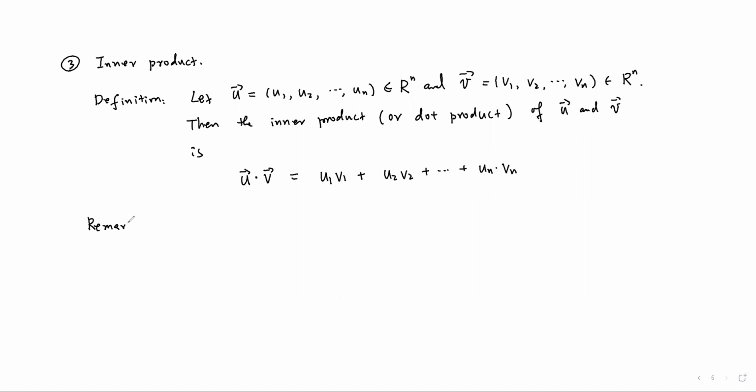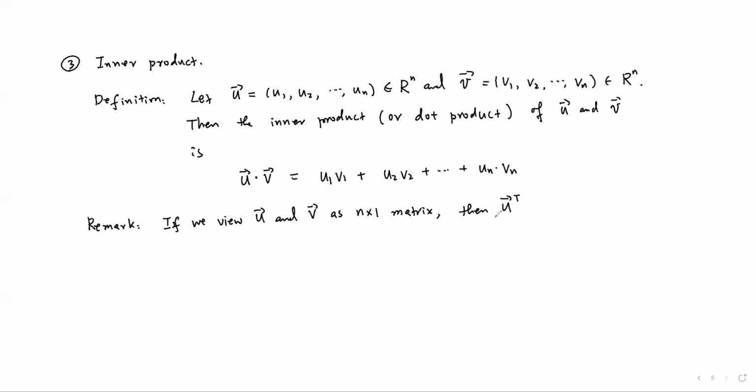Remark. If we view vector u and vector v as n by 1 matrices, then u transpose, the transpose of an n by 1 matrix, is a 1 by n matrix.